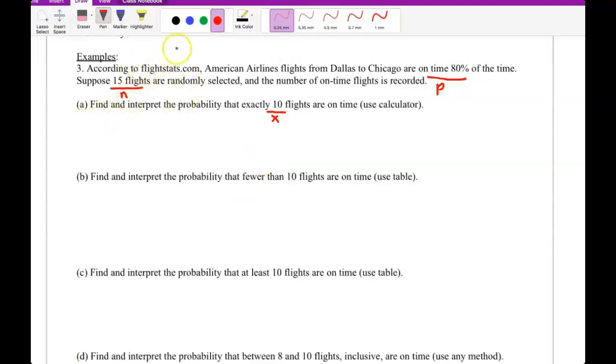Okay, so part A. Here, probability of x equal to 10. Using calculator, we have binomial PDF.